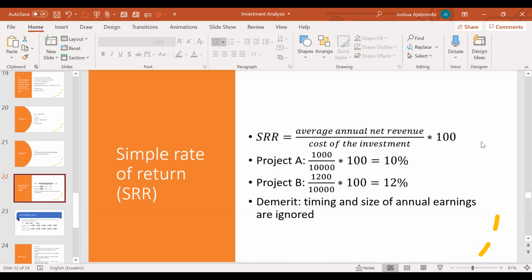Fiona, have you done it? I'm trying to do it, Prof. No, it's very straightforward now. We get 10 for the first one, then 12 for the second one.